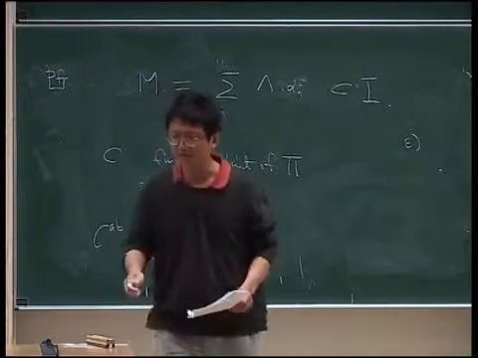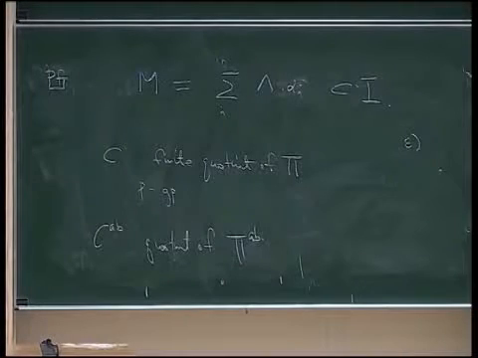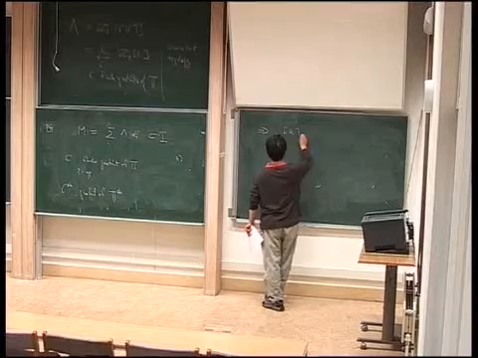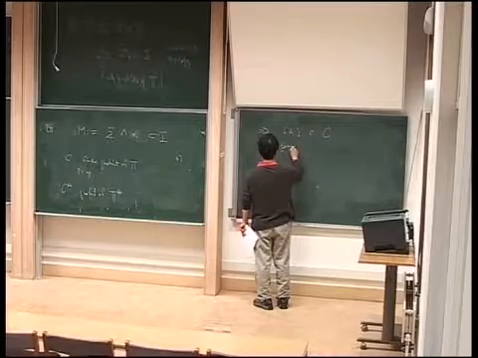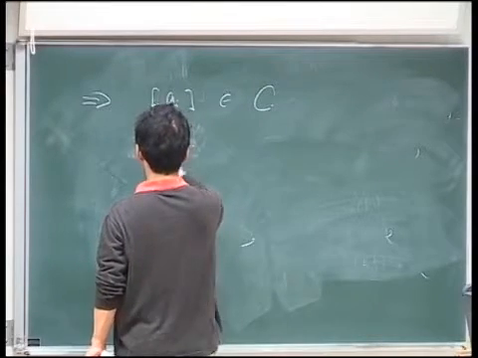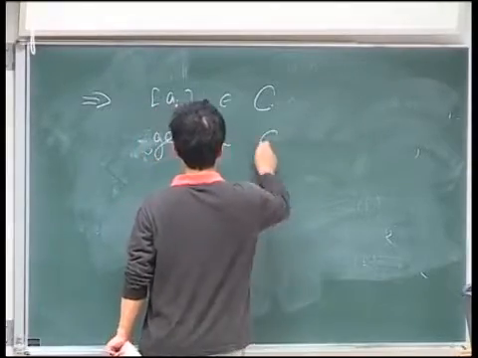C is a quotient of pi. So in particular, this implies that the classes of the a_i inside C generate C, and this is a P group.